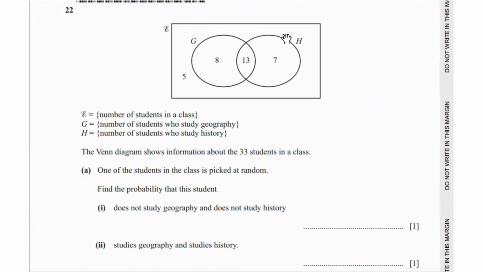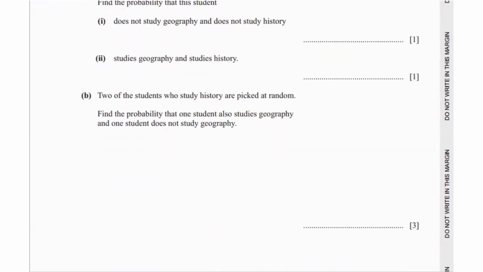So in total, since we're picking the students out of the history circle, total students who study history is 20. So for the first case, the student who studies geography and history, that's going to be 13 out of 20. And then the student studies history but not geography. So that was 7. So that's going to be 7 out of 19 now.